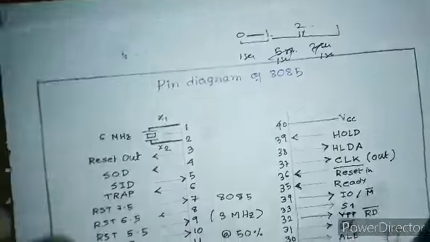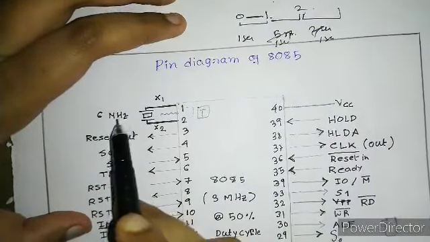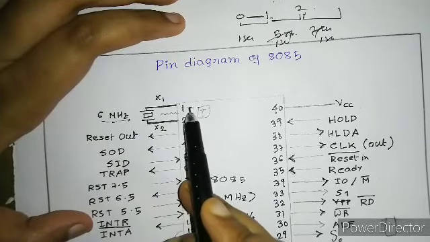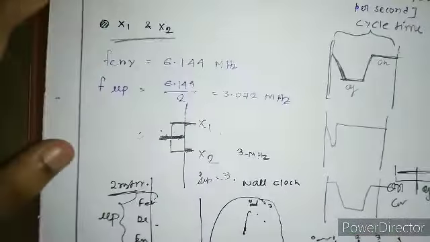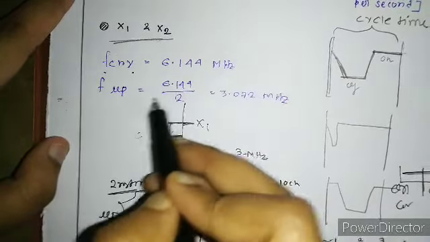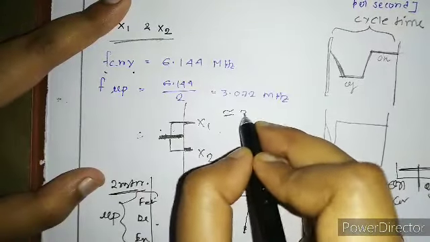So a toggle flip-flop attaches to X1 and X2. They will generate a clock of 6 megahertz. Now the toggle flip-flop will make it a 50% duty cycle, which means the actual frequency of the crystal oscillator is 6.144 megahertz. Now the 50% duty cycle will make it 6.144 divided by 2, which is 3.07 megahertz. So for a round figure, it is 3 megahertz.